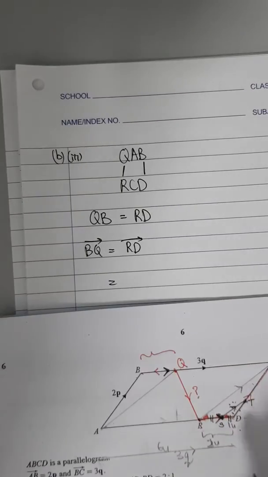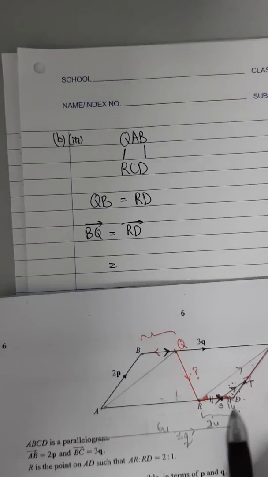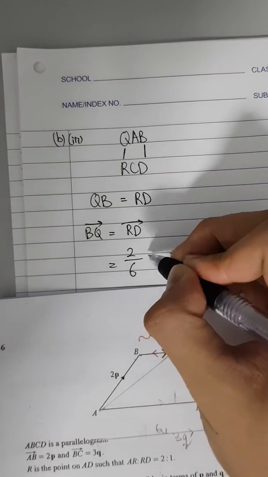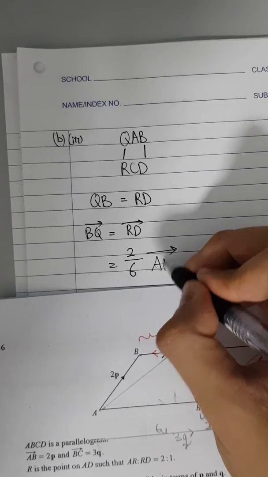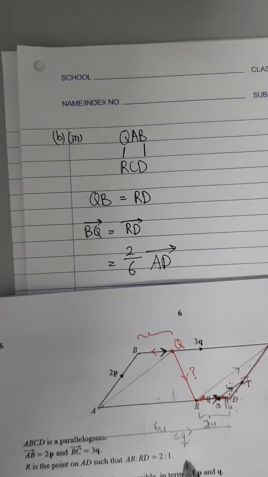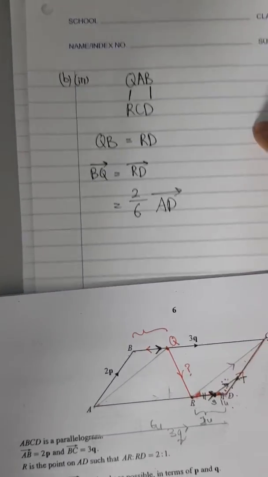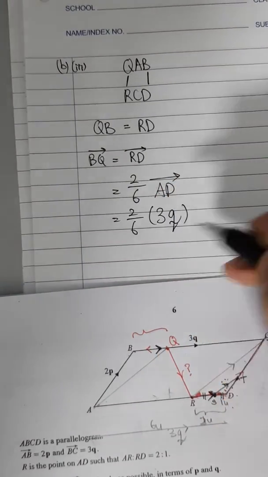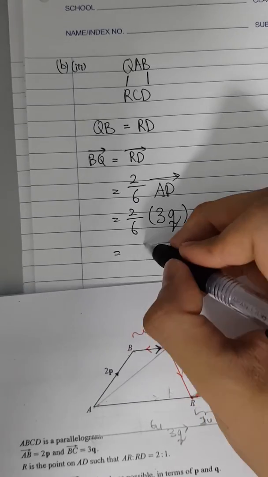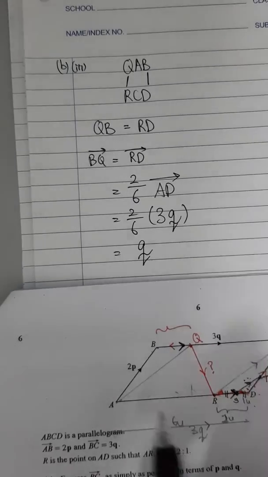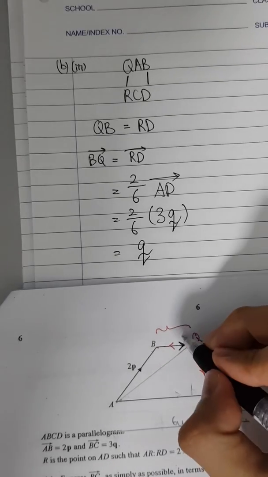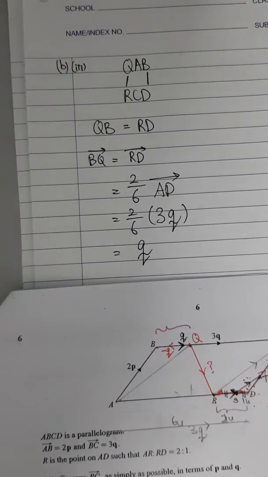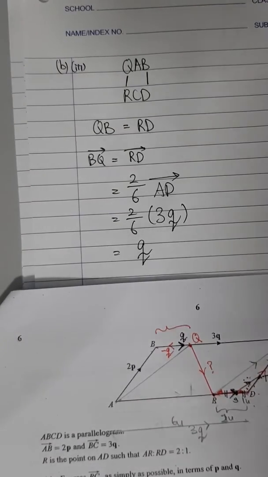Okay, now using the previous part, RD is 2 units out of 6 units, so it's 2 over 6 of the entire vector AD, which was given to be 3Q. This gives me Q for the vector BQ, it is Q. So if I were to go backwards, it should be negative Q. Okay, now we have that.